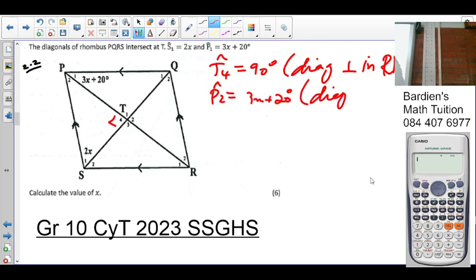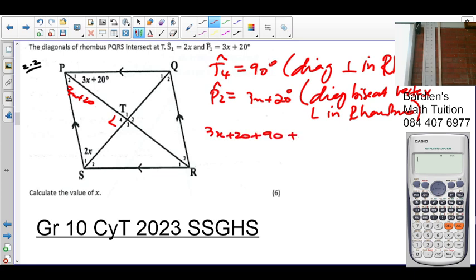Diagonals bisect the vertex angle in rhombus. So it's 3x plus 20 here. So what can I say? 3x plus 20 plus 90 plus 2x equals 180, why?